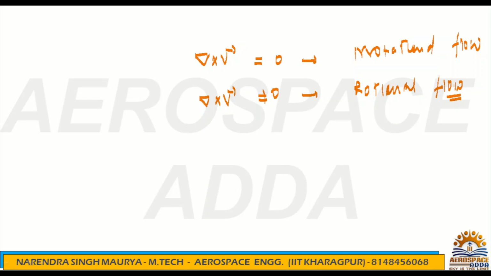Till now we have done angular velocity and vorticity. After vorticity we have to do the circulation part. So what is circulation? If we are going for circulation, then definitely the vortex flow or vortex motion term will come into the picture.